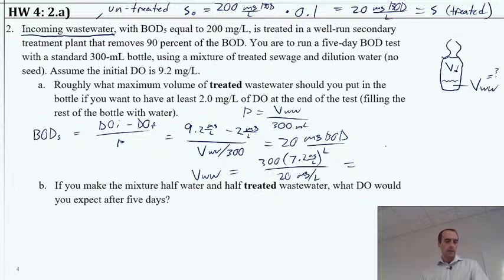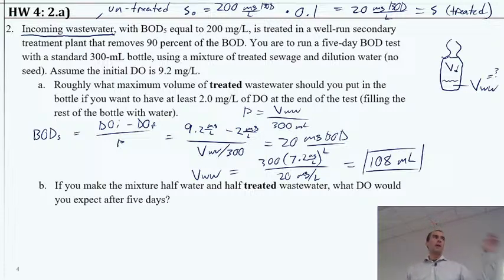When we solve that, we should end up with a volume of 108 milliliters is V wastewater. Okay, so we can put about a third of the wastewater in the bottle.